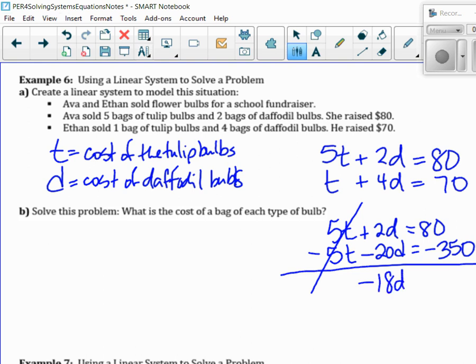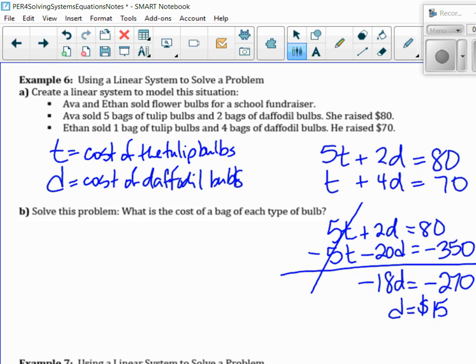Negative 18d equals negative 270. So d is 15. Thank you.